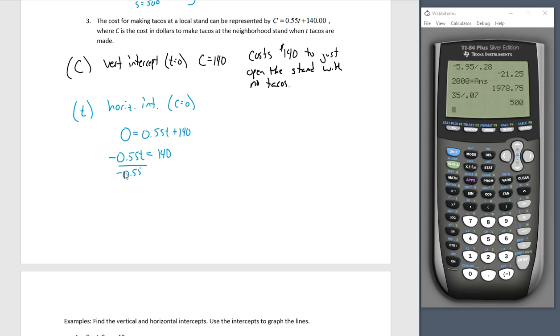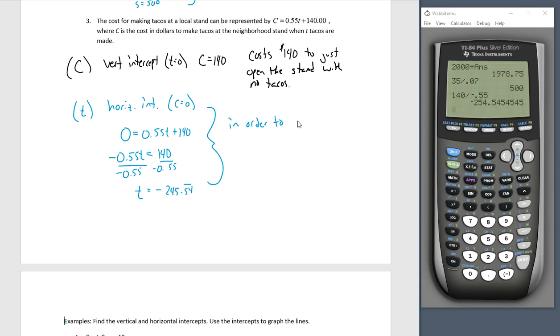Let's divide by the negative as well. And we end up with t equals, over to the calculator, 140 divided by negative 0.55. And we end up with negative 254.54 repeating.